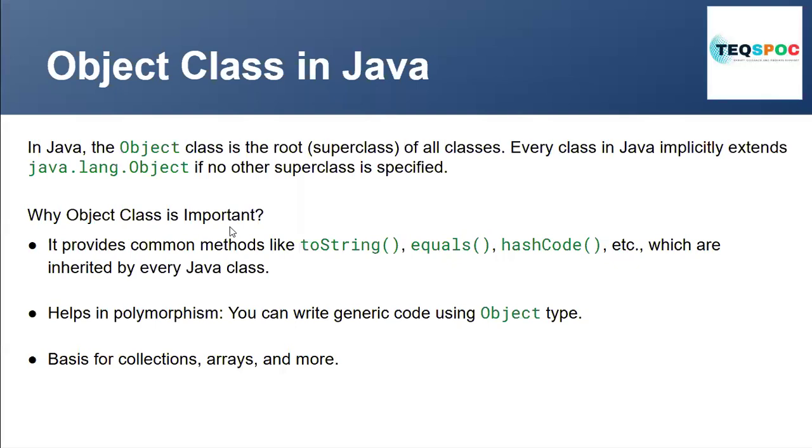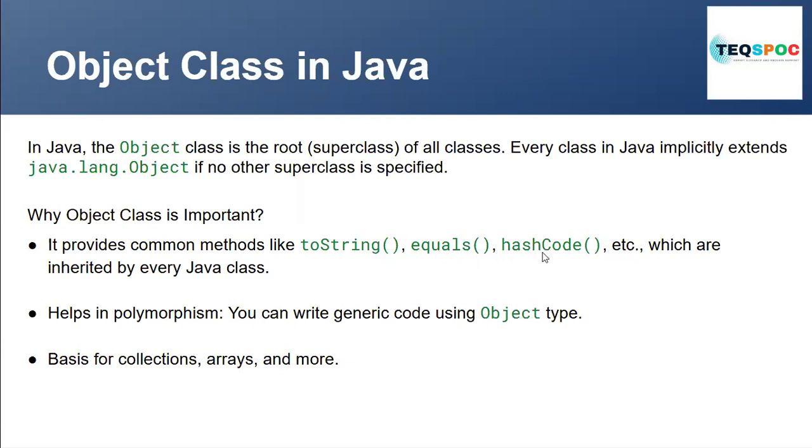So why is the Object class important? Because it provides common methods like the toString method to convert into a string, the equals method for comparison, the hashCode method for converting into a hash value, etc., which are inherited by every Java class. Every class we create inherits the properties of Object, where we have the toString, hashCode, and equals methods.